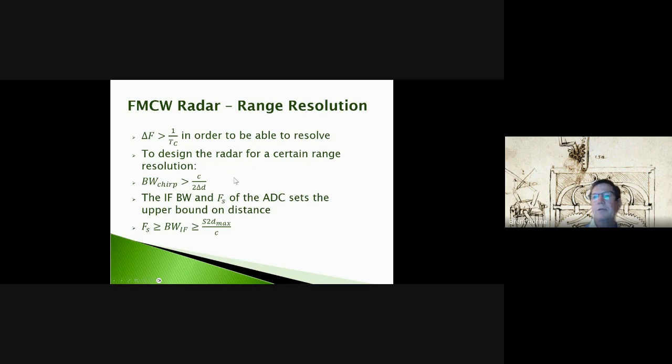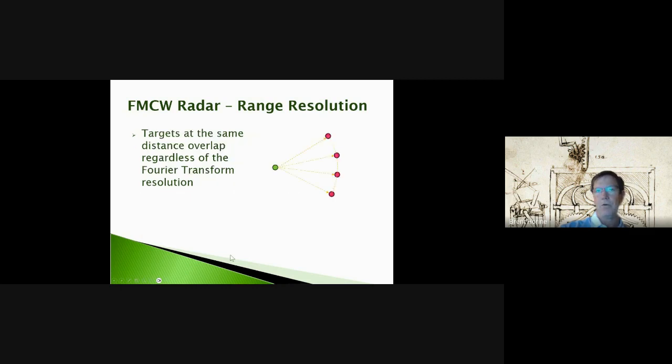Let's say a regulatory agency says you've got to be able to distinguish these objects from each other at a certain maximum range, or maybe marketing gives you those objectives, or maybe other parts of the system do. And now we can design our chirp accordingly.